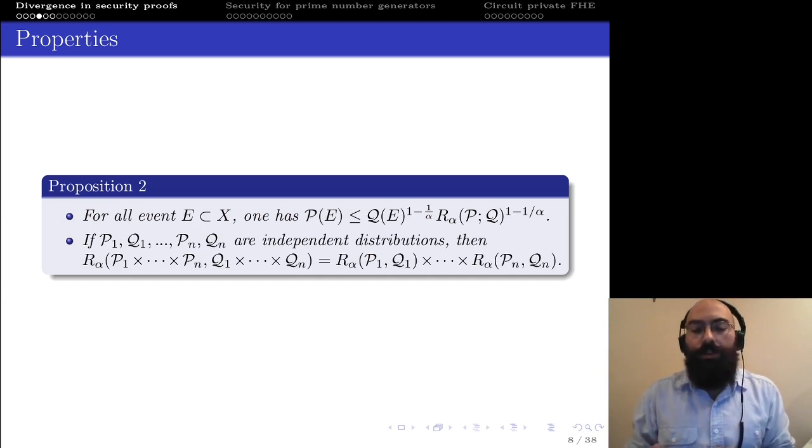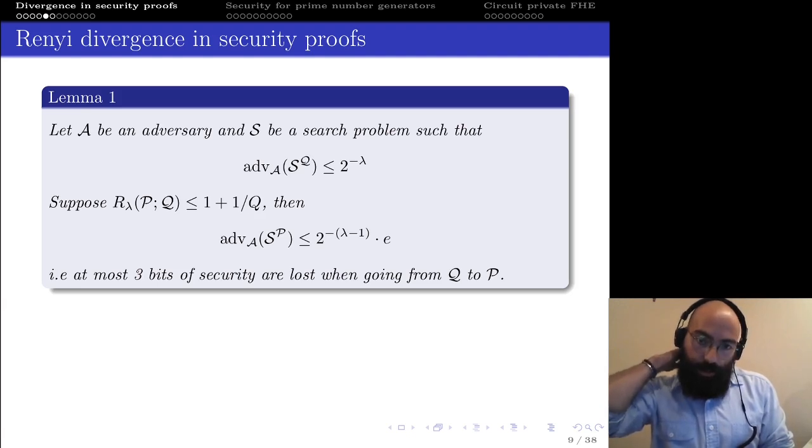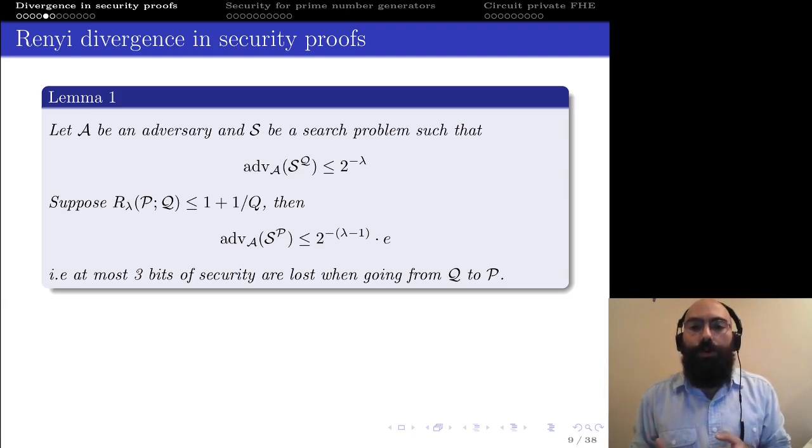To formalize this, we state a lemma in the paper: if you have an adversary that wants to solve a search problem, and you know that under an ideal distribution Q the adversary solves the problem with probability at most 2 to the minus lambda, then if the Renyi divergence of order lambda is lower than 1 plus 1 over the number of queries, you get a tight reduction when you go from Q to the real distribution P. More precisely, you lose at most 3 bits of security.